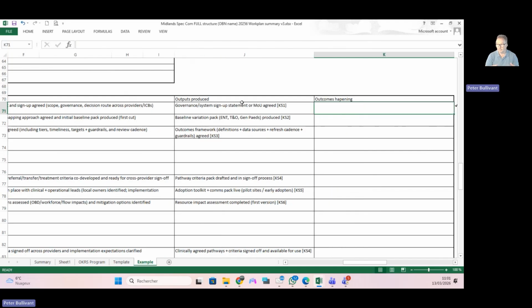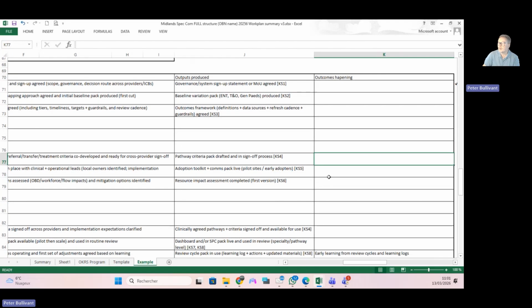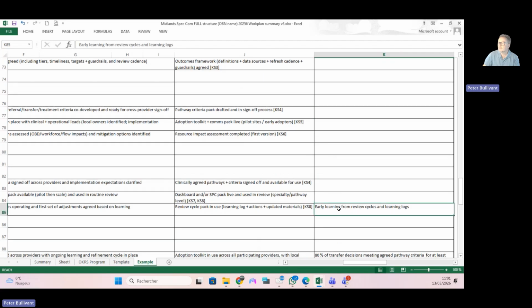Now, obviously, some of the projects are going to have an impact over 12 months. Some may take longer. We fully understand that. But we just want you to begin to map where you think at this stage those impacts for those outcomes may be happening. So as you can see in our worked example, they start kicking in around quarter 3, quarter 4.